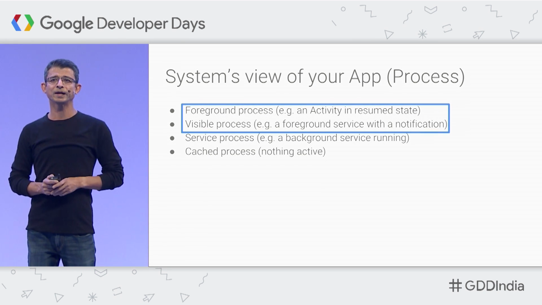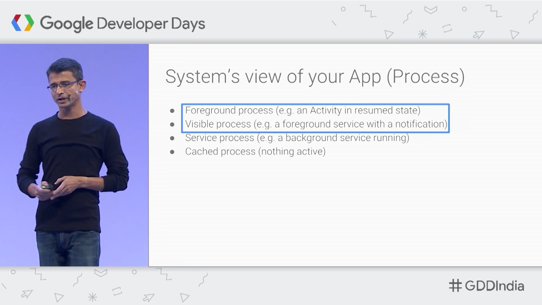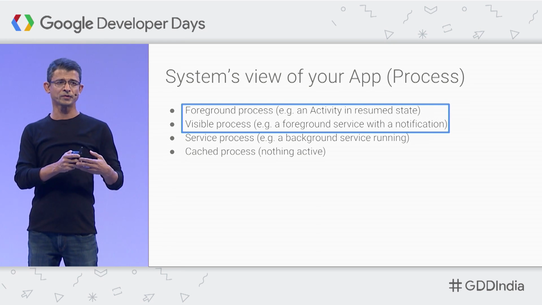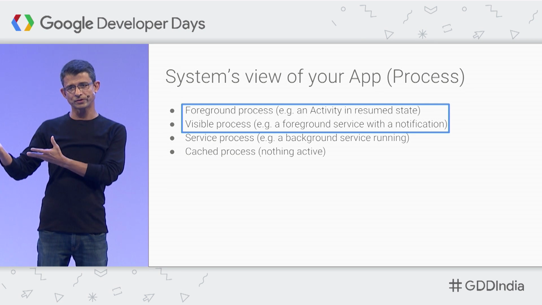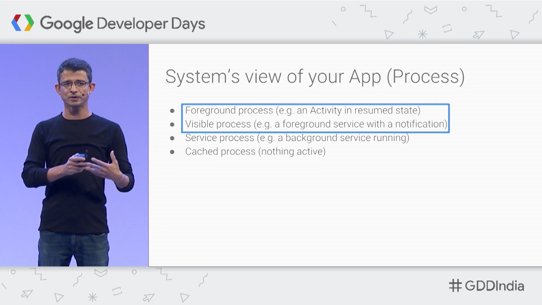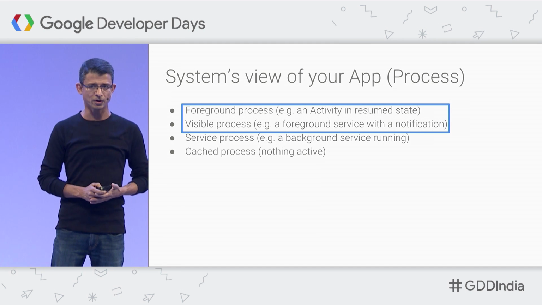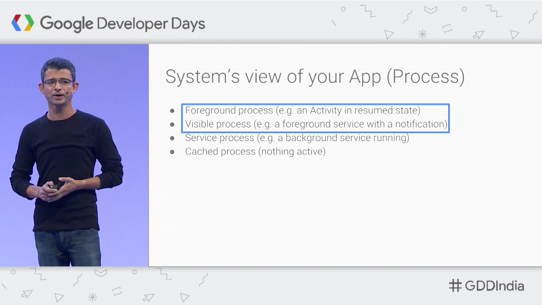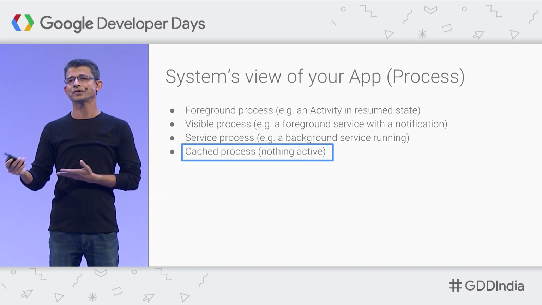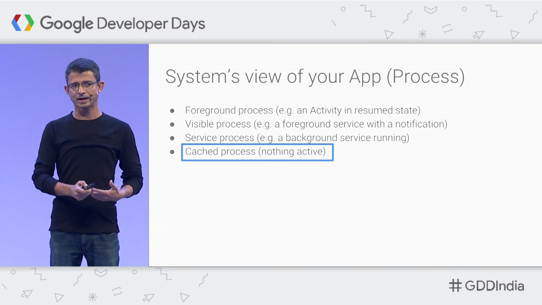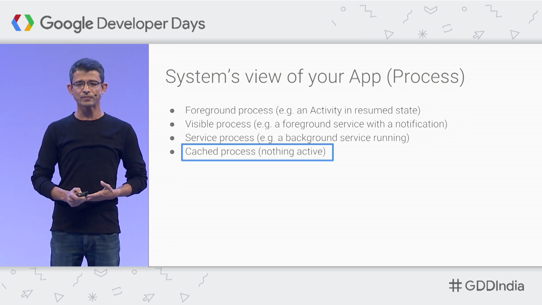But the first two states are important for this discussion, because when I talk about background restrictions, these are the states which the system treats as foreground when it decides whether a process can run a service or not. So I'll come back to it in a little bit. And I already talked about the cached state, where most of the processes running on the device will be at any given time.